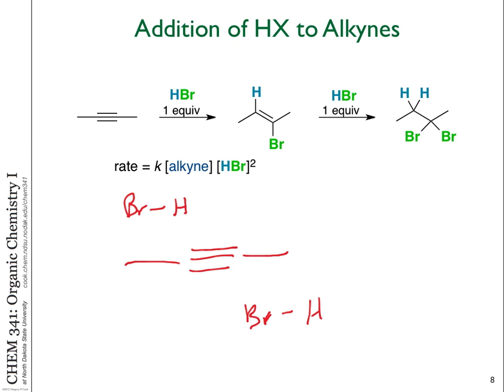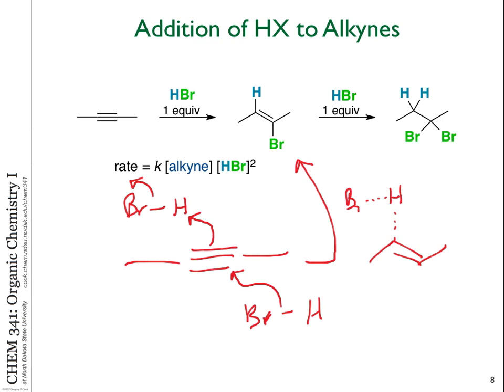As the electrons are flowing to deprotonate HBr and put the hydrogen on the carbon, the bromine bond is also forming. That's all happening at once. So to get to this intermediate, we actually have something in the transition state where both bonds are being formed and both HBr bonds are being broken at the same time.